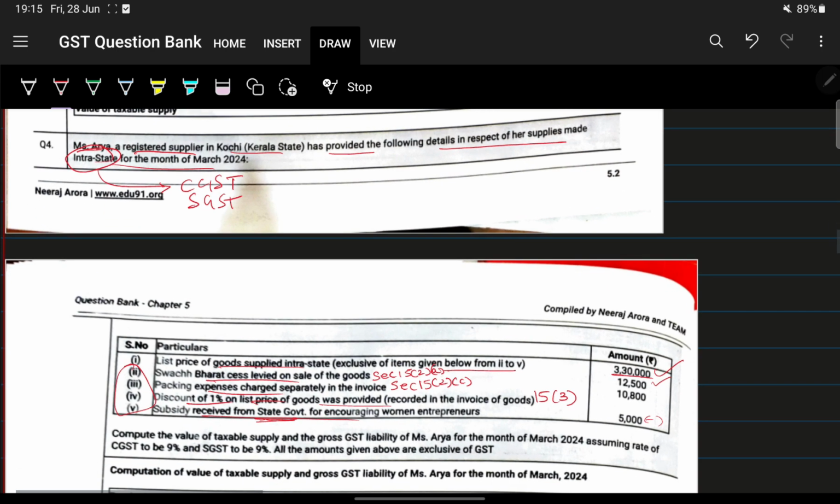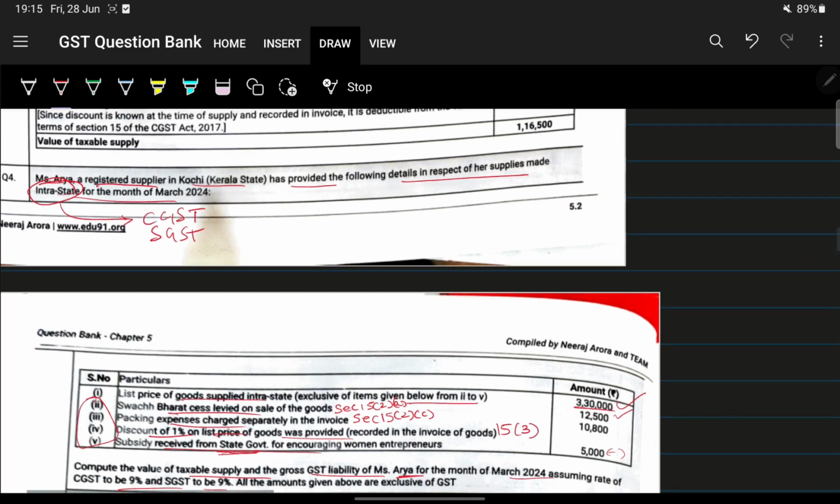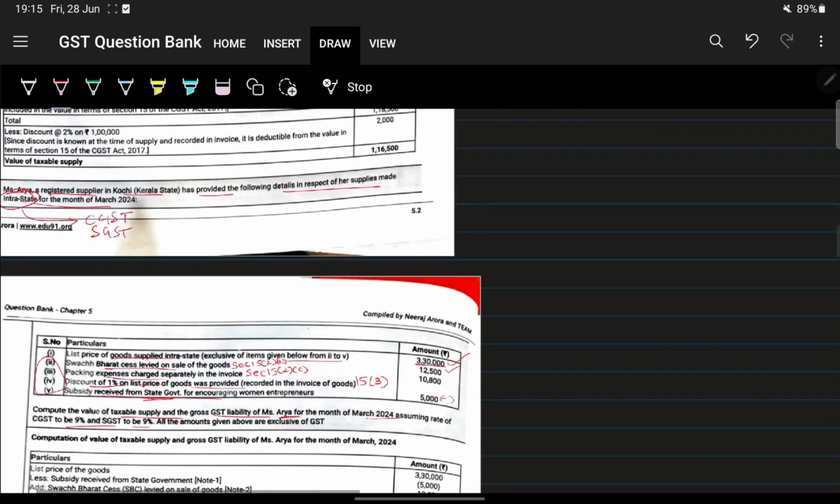Okay, next, compute the value of taxable supplies and gross GST liability for Mrs. Arya for the month of March, assuming the rate of CGST and SGST of 9%. Okay, this is fairly simple, right?